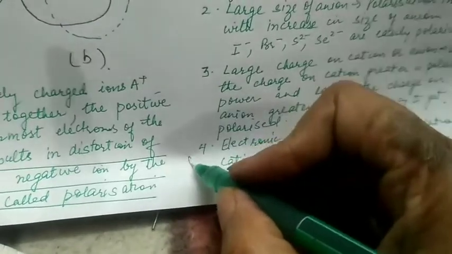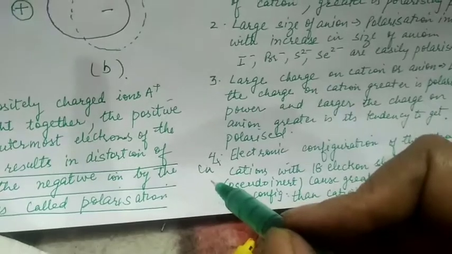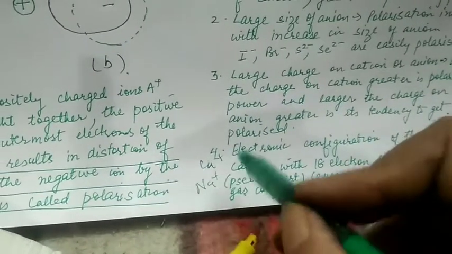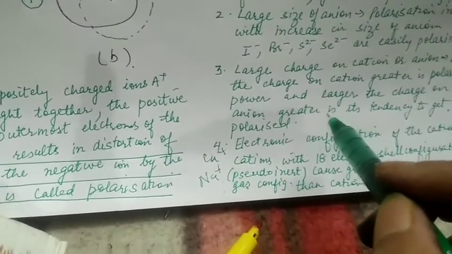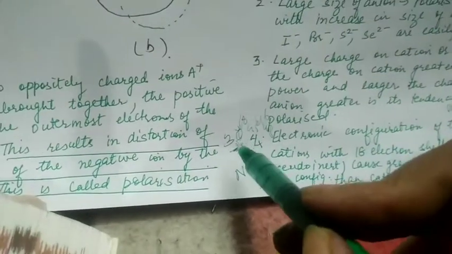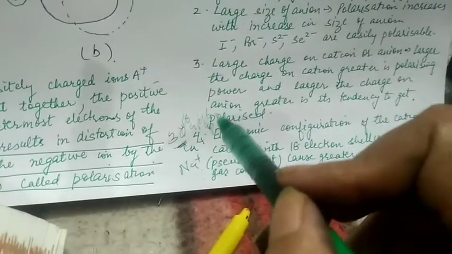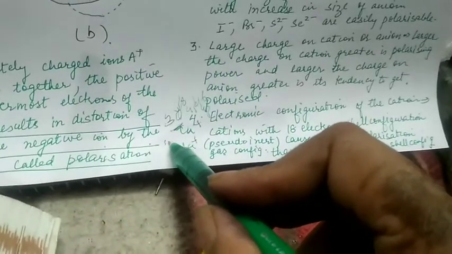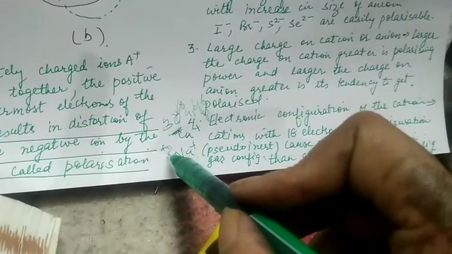For example, we can compare between copper, which has 18 electrons in its outermost shell, and sodium, which has 8 electrons in its outermost shell. It is seen that copper will polarize more than sodium. These d electrons have very less screening effect. That means that they cannot screen the outermost electron from the effect of nucleus.